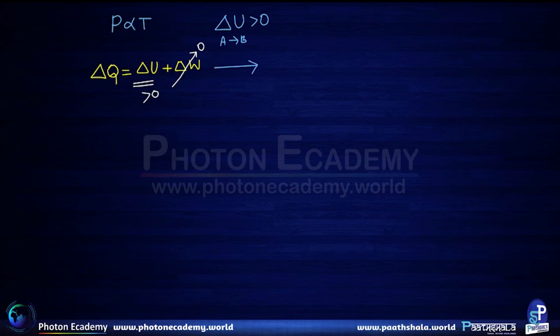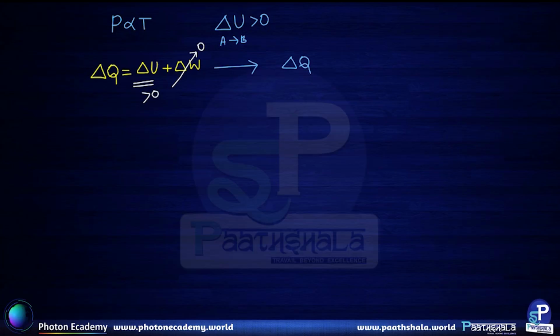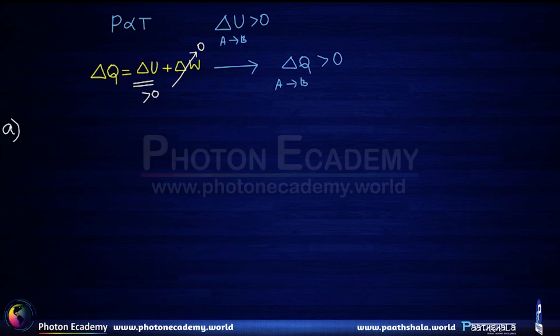So this implies delta Q going from A to B is greater than 0. Delta Q going from A to B greater than 0 implies that heat is supplied to the engine from the surroundings. So for part A, the answer is path AB of the cycle.